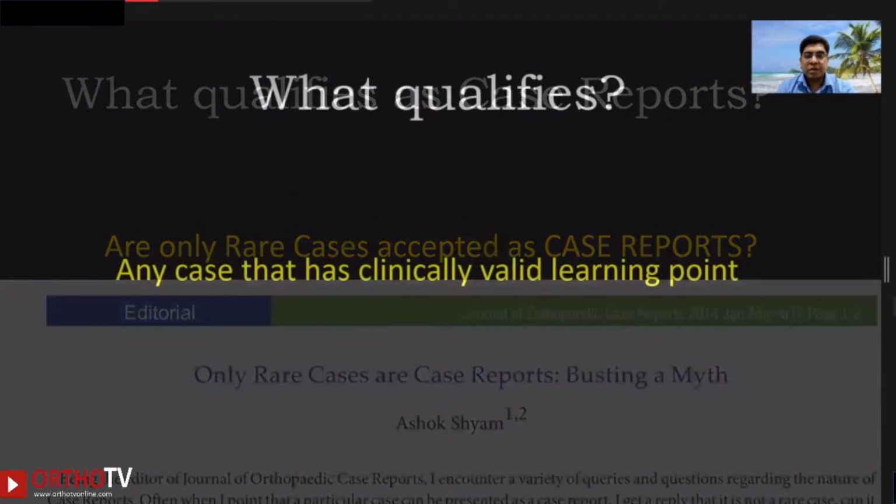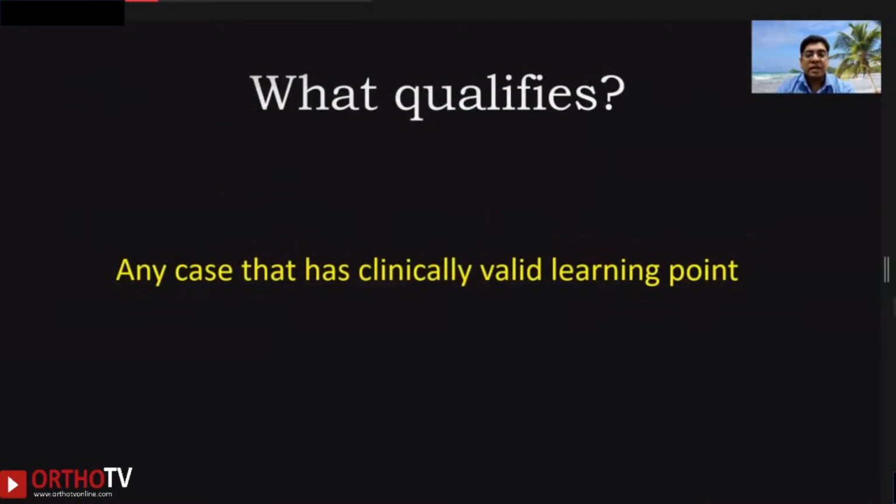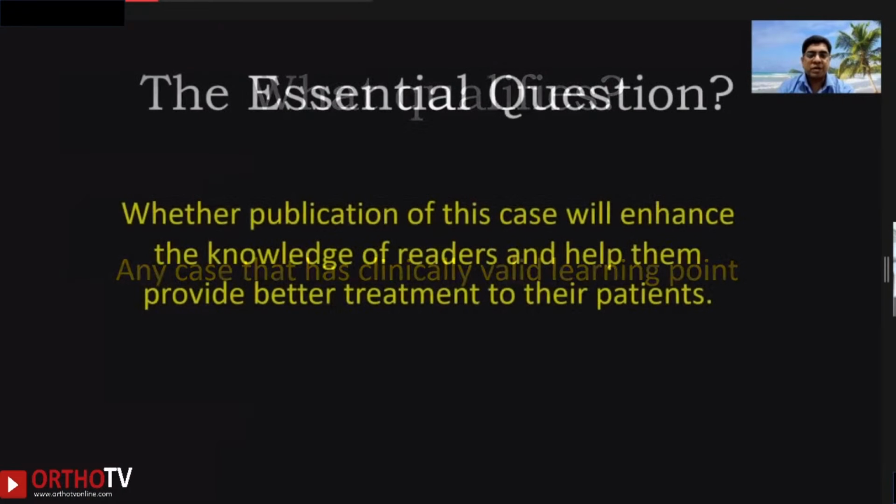But the most important thing is that any case that has a clinically valid learning point qualifies as a case report. For me as an editor of JOCR, it has a good clinical learning point with context to existing literature, so the reader will get something out of the report. That is what qualifies as a case report.